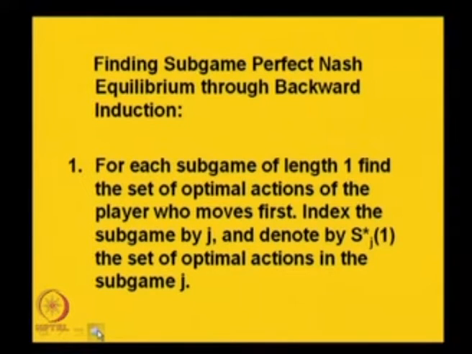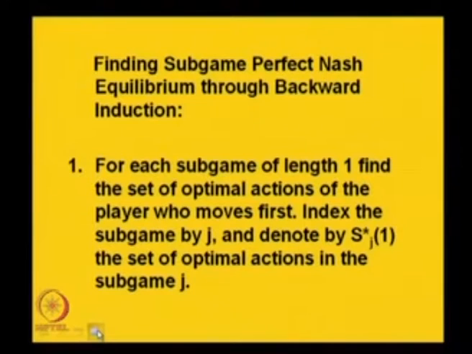Index the subgame by J and denote by S_J star 1 the set of optimal actions in the subgame J. So, there might be many subgames of length 1, and they can be given index J, and by S_J star 1 I mean the set of optimal actions in that subgame of length 1 which is indexed by J.